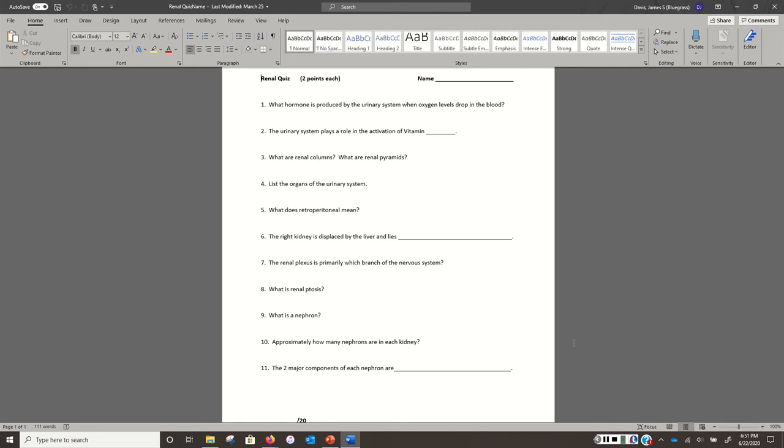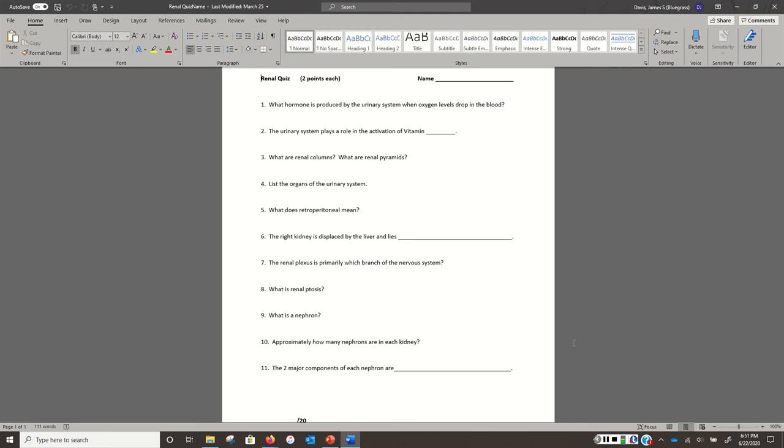What does retroperitoneal mean? Well, retro means behind, and peritoneal refers to the peritoneum. Remember, from the very beginning of Bio 137, the abdominopelvic cavity is lined with that serous membrane, that 2-layer membrane called the peritoneum.